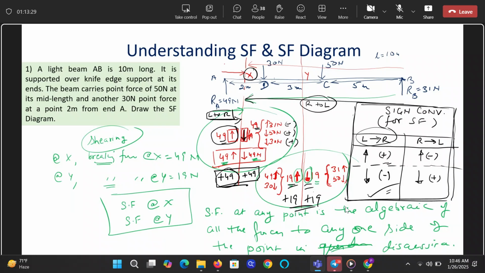Now, following this, let me draw the same diagram with reactions, and I'll mark some points, and we'll calculate the shearing force at those points by taking into consideration the forces to the left of it, from left to right. And when we go from left to right, upward forces are positive, downward forces are negative.